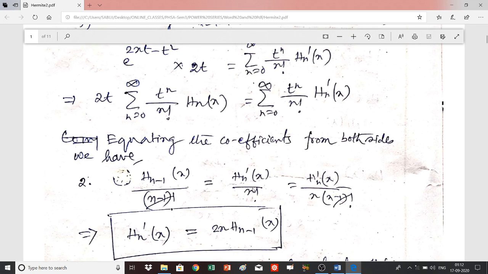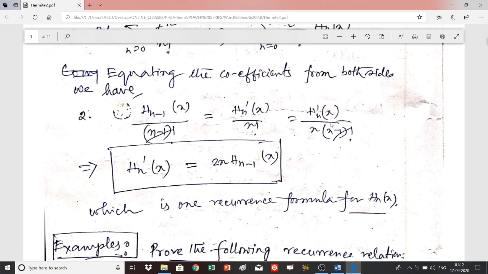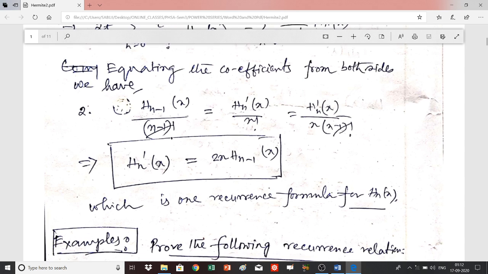This can be written as n into n minus 1 factorial, so the n minus 1 factorial terms cancel each other, and finally we get Hn prime(x) equal to 2n into Hn minus 1(x). So this is an important recurrence formula.